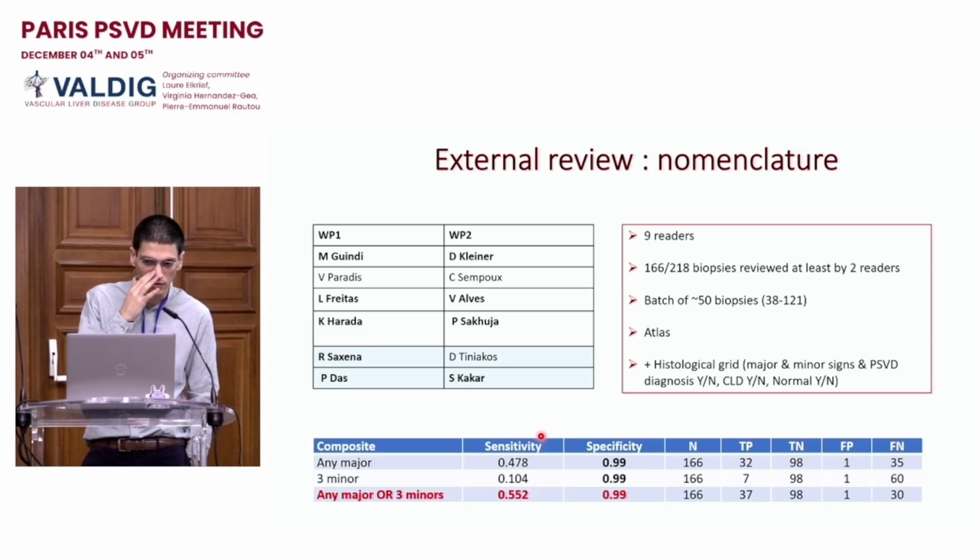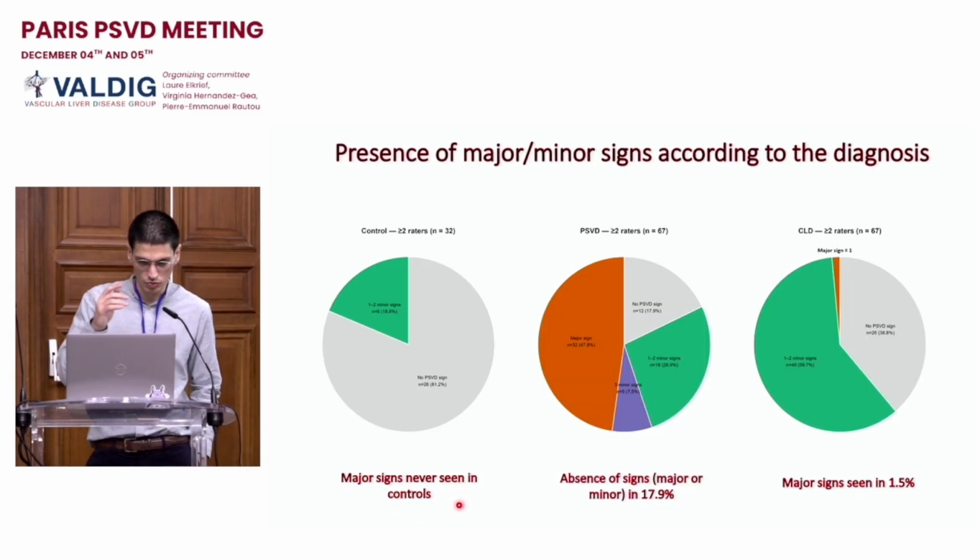They were able in a very short time to read 166 biopsies, and they ended up with the same performance, with very high sensitivity and specificity for the algorithm of having any major or 3 minor criteria. They had just the same kind of performance when we present it like that.